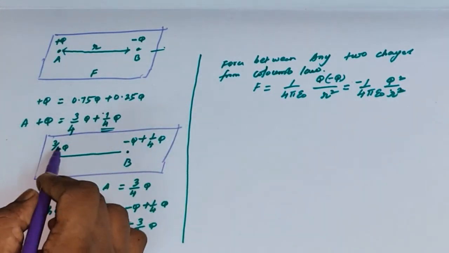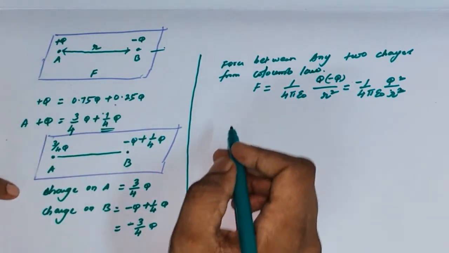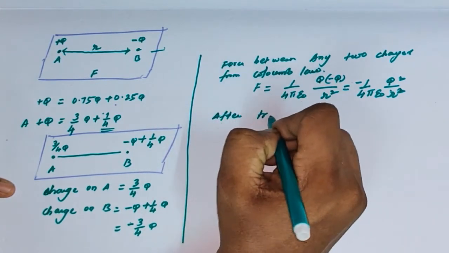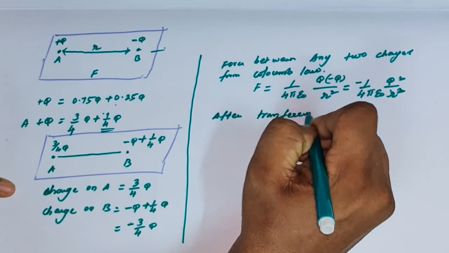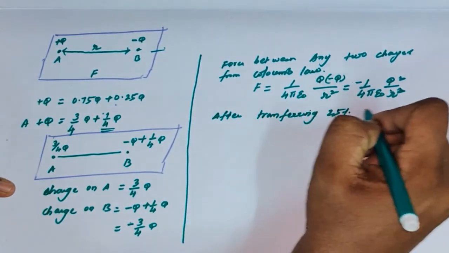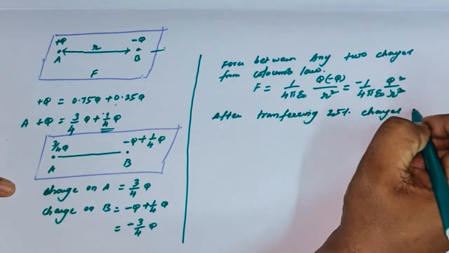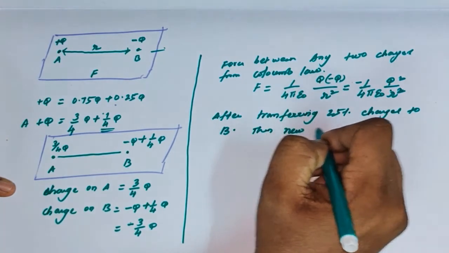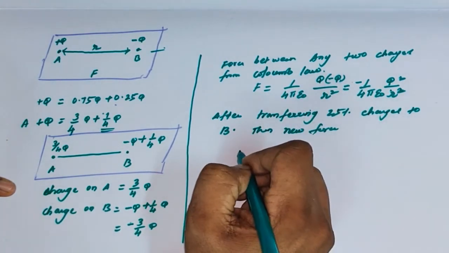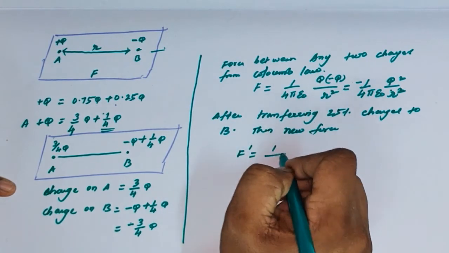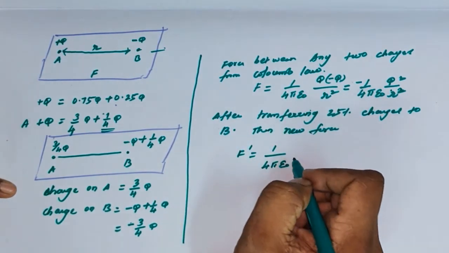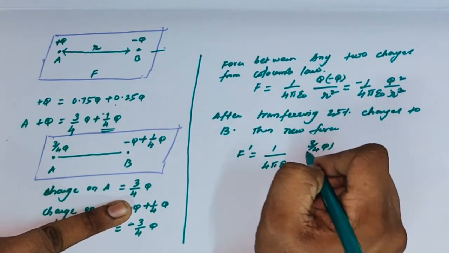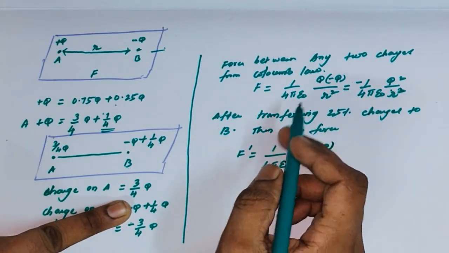This is our new diagram after transferring 25% of the charge to B. The new force, in general called F prime, is 1 by 4 pi epsilon naught times the charge on A in the new configuration, which is 3 by 4 Q.